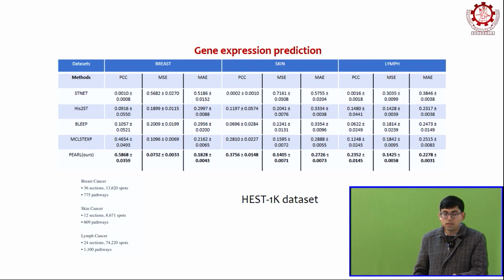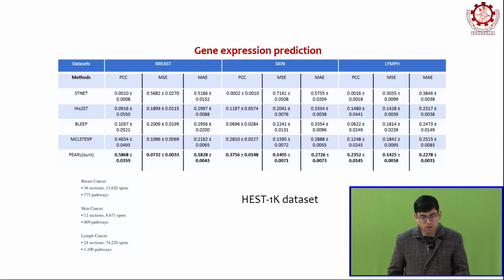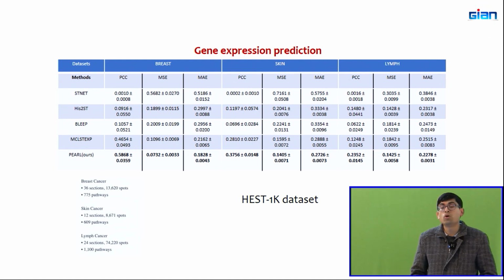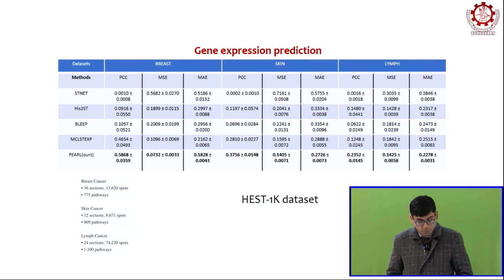But still there was enough data for us to train a model, and if you're interested, you can always look up this data set. Before this, the models that were out there to do gene expression prediction were ST-Net, His2ST, BLEEP, and mclSTExp. These four models did not consider pathways.